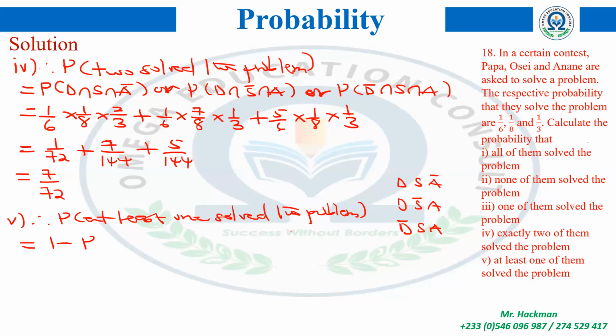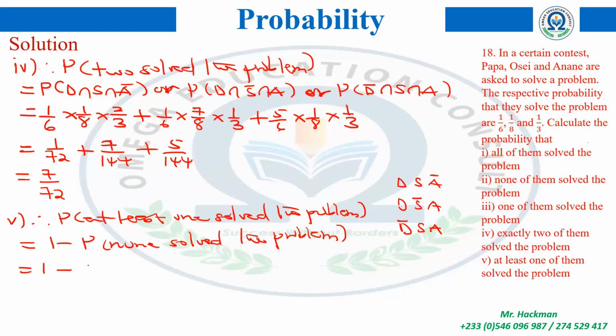So here the none is referring to none solved the problem. Is that not it? So it will be P none solved the problem, which will be equal to 1 minus, remember we've done none solve the problem, and that is the II.